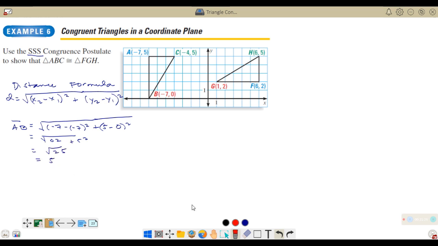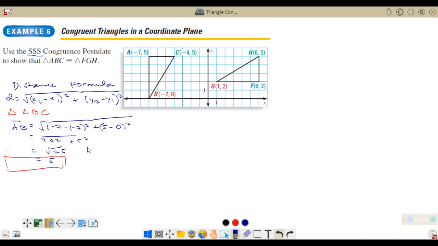AB is equal to 5. Meron na tayong isang element. Dito tayo sa, lagay ko lang dito ha. This is for triangle ABC. Okay, computation to ng triangle ABC sides.